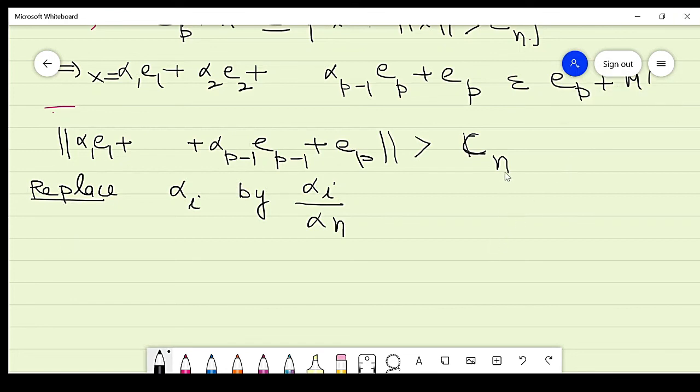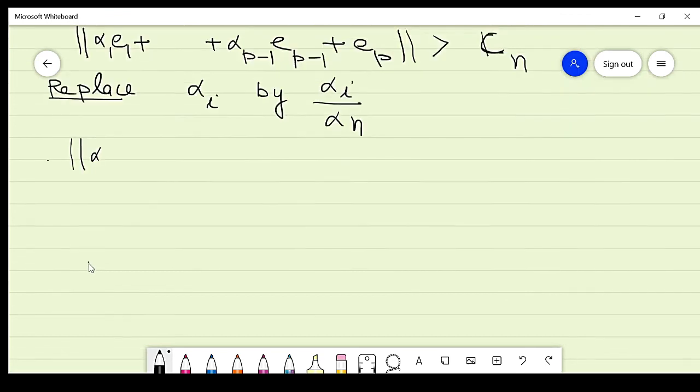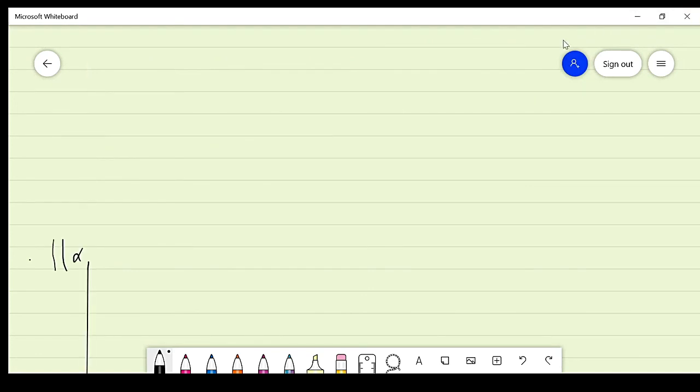If we replace in this equation and substitute those values, what do we get?